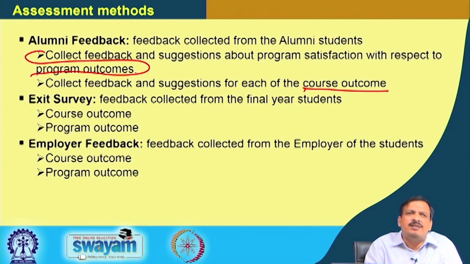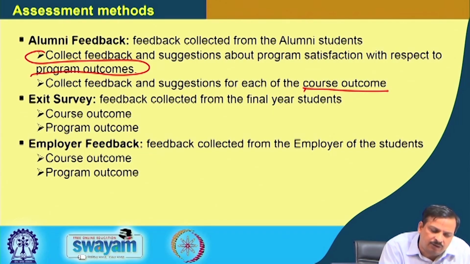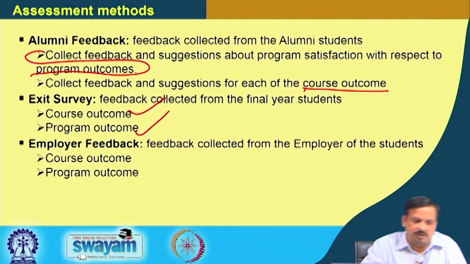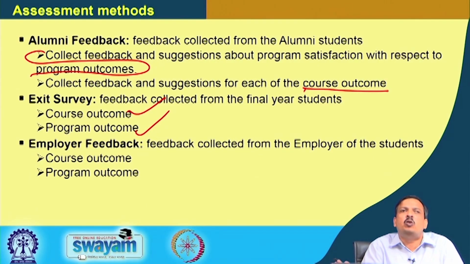Similarly, exit survey: when students are passing out from the organization, you can take feedback about the achievement of the course outcome or the program outcome. So feedback can be collected course wise or program wise, both are possible. Another possible source is employer feedback. Your students are placed in different organizations, so you can collect feedback from those organizations, again either course wise or program wise.